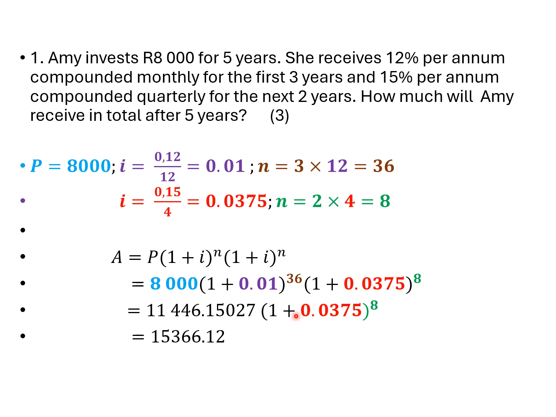Now it's getting interest at a different rate, which is 1.00375 to the power 8. All in all, it's 15,366 Rand 12 cents. That step I didn't need to show, but I'm just showing you how I'm working out P two separate times by just using that equation straight. Right, so let's look at the next problem. I hope you're with me and you understand what I've done.